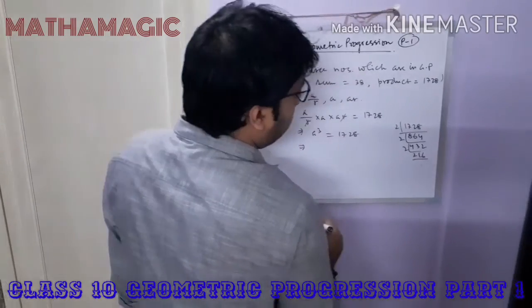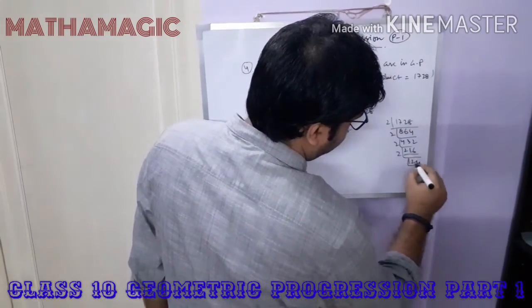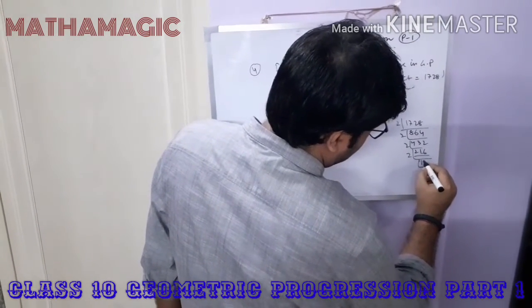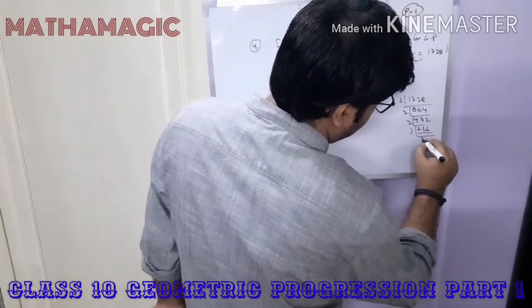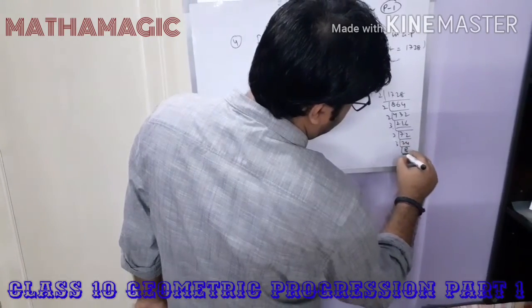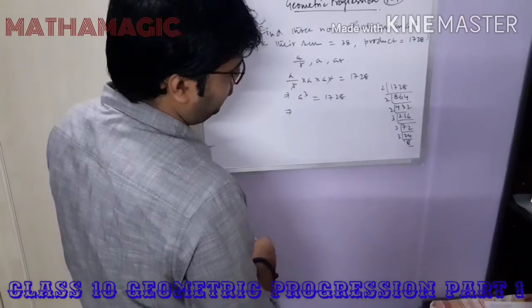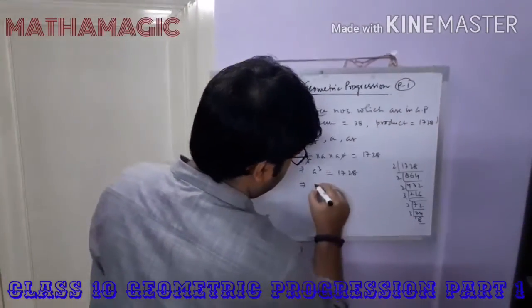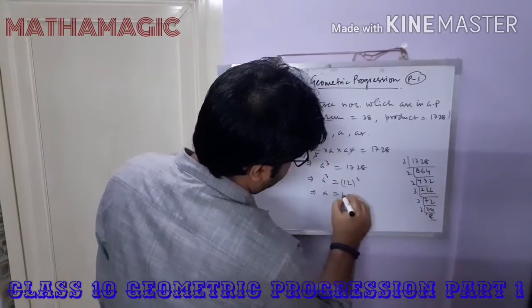Sorry, 216 means 108, 54, 27. So it will be 2 cube into 2 cube into 3 cube. So 2 times 3 is 6, 6 into 2 is 12. So it will be a cube equals 12 cube, so a equals 12.